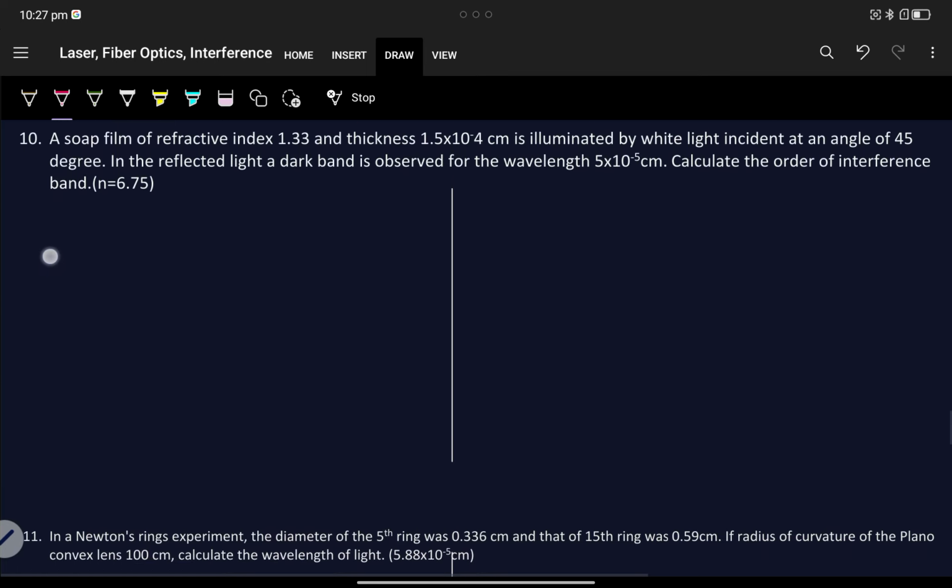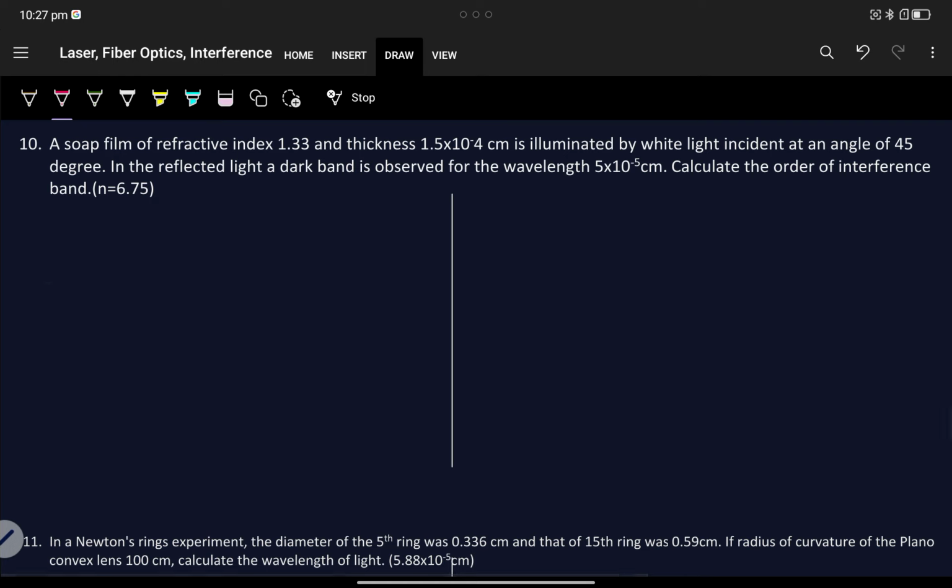Question number 10. A soap film of refractive index 1.33, thickness is given and angle of incidence is given. So let's first write down the given data. We have given refractive index 1.33.